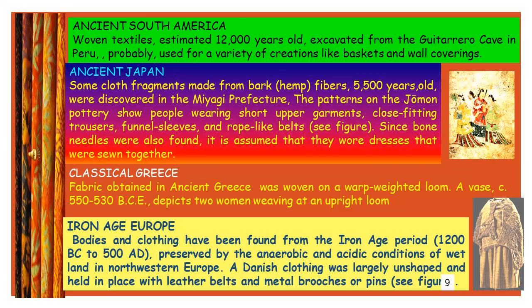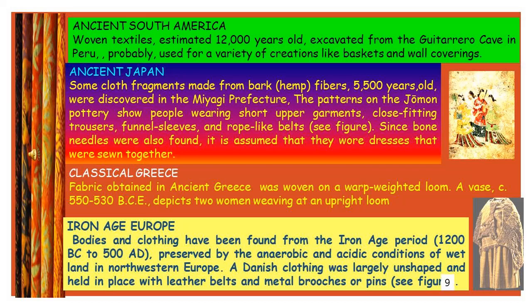The patterns on Jomon pottery show people wearing short upper garments, close-fitting trousers, funnel sleeves, and rope-like belts. Since bone needles were also found, it is assumed that these were dresses that were sewn together.